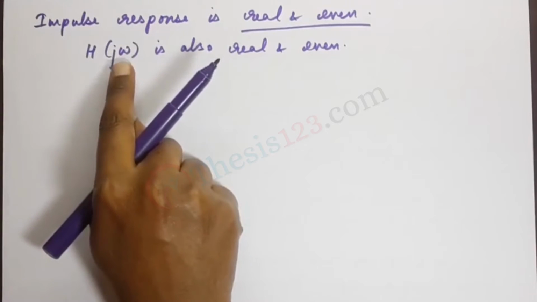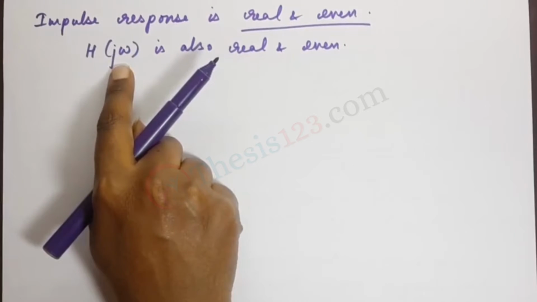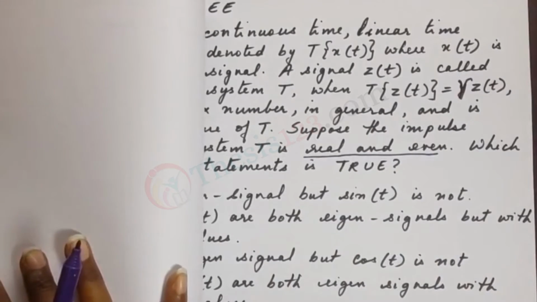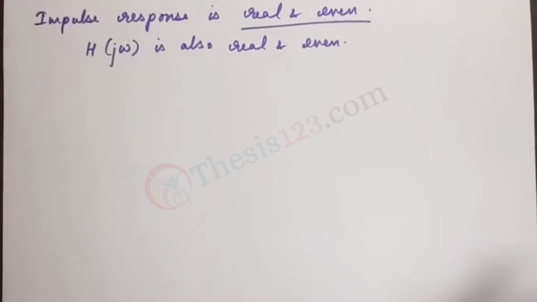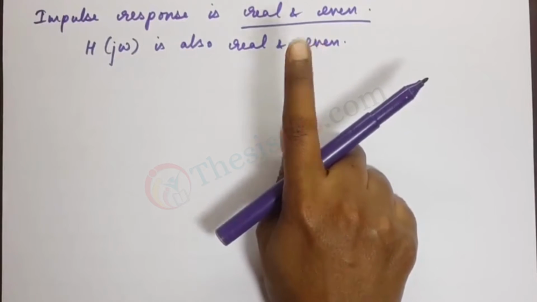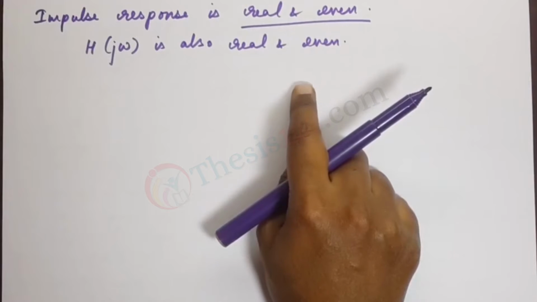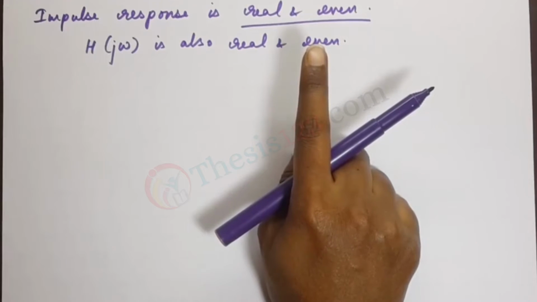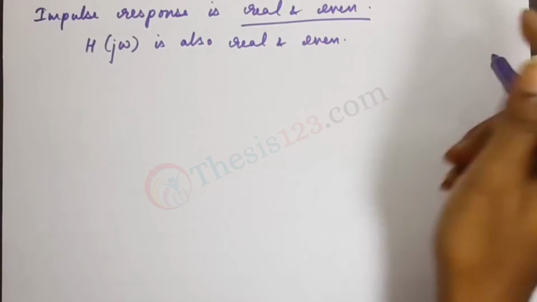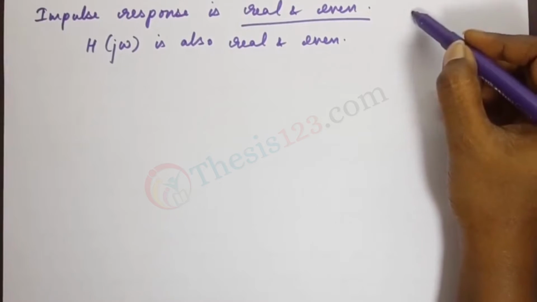Now H(jω) is the complex term given in the question. The question says that gamma is the complex number, right? So since gamma is the complex number, take H(jω), which is also real and even. Now in the previous question we looked at when a system is actually called real.